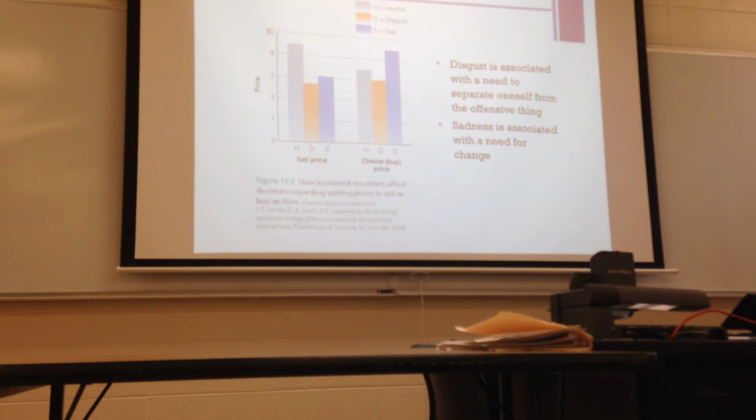You want to push it away. So the people who were feeling disgusted were willing to sell the thing for a lower price because they want to get rid of it. And it doesn't really necessarily have anything to do with the object, but just when you're in a state of disgust, you push things away.